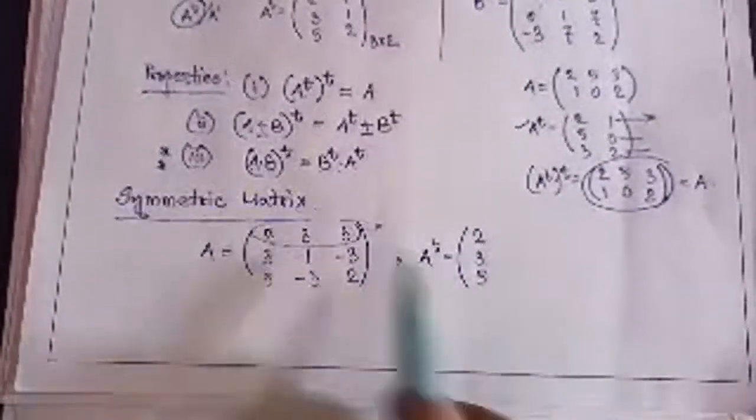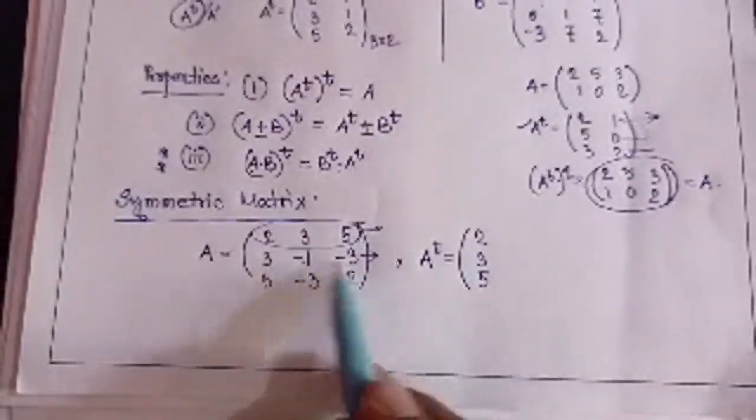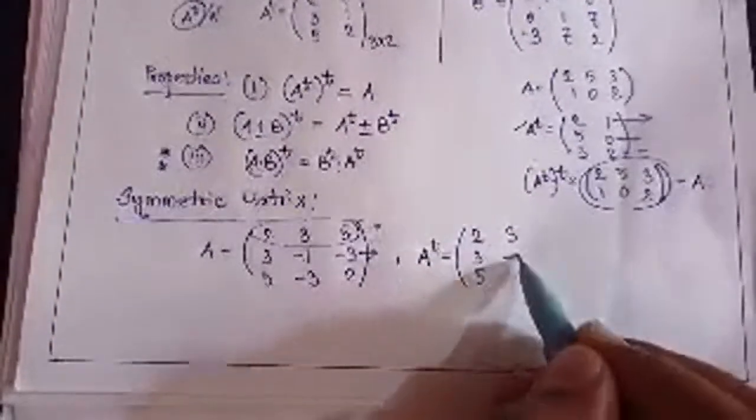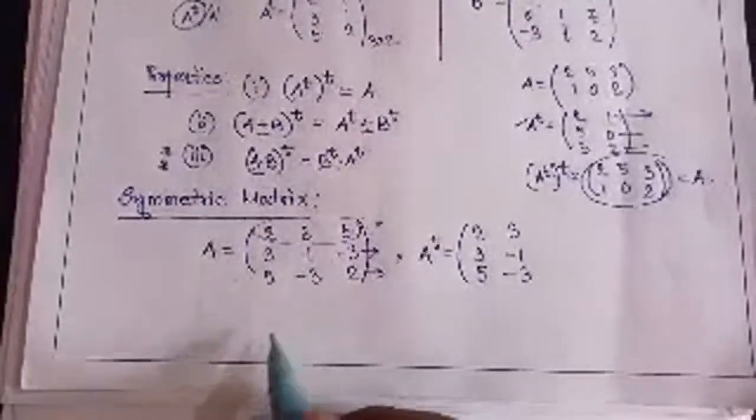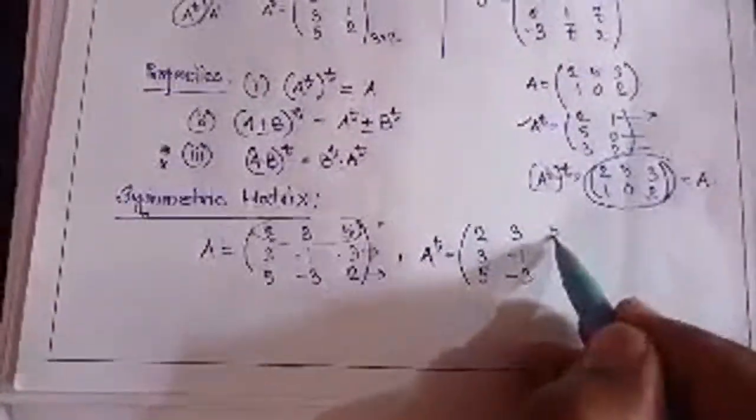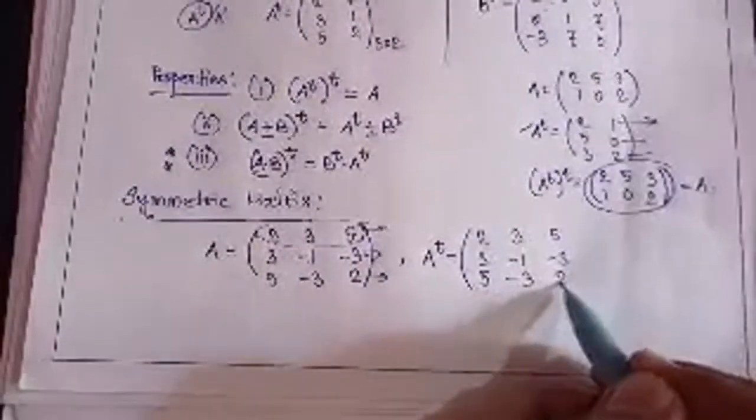By the same way second row transforms to second column, so 3 minus 1 minus 3. By the same way third row transforms to third column, so 5 minus 3 2. So I have taken the transpose.